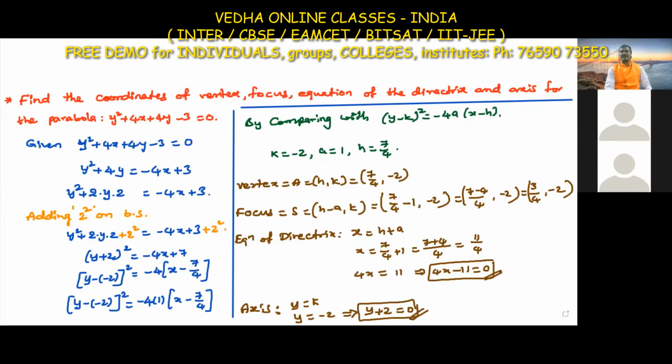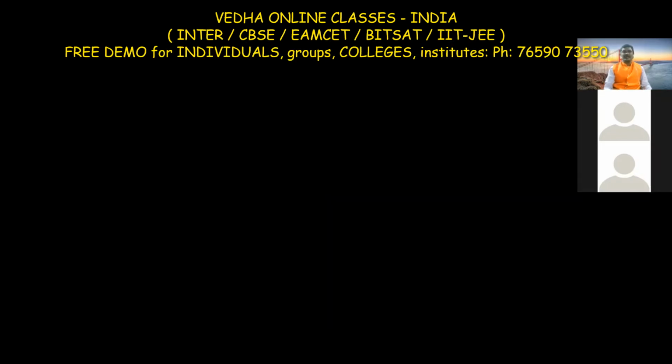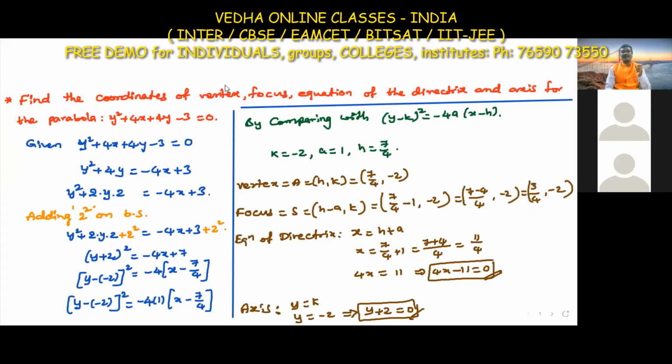It's very, very important. Okay, so in this question, he asked to find the coordinates of vertex, focus, equation of the parabola, equation of directrix, and axis for the parabola y square plus 4x plus 4y minus 3 equal to 0. Whenever he asks a question like this, first take the equation, and just check whether the square is given for x or y.